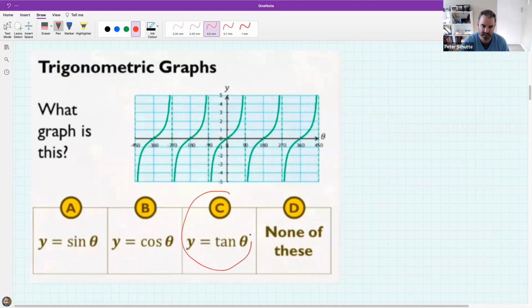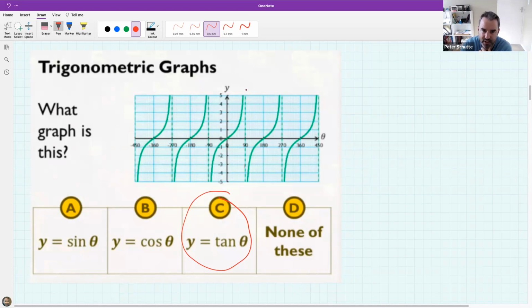And the reason I think we got it so quickly is the tan graph looks funky and it's got these dotted lines. Who can tell me, what are these dotted lines here? What do they represent? Because everyone recognizes the tan. So these are called asymptotes, and they are places where it's undefined and the graph may not cross.